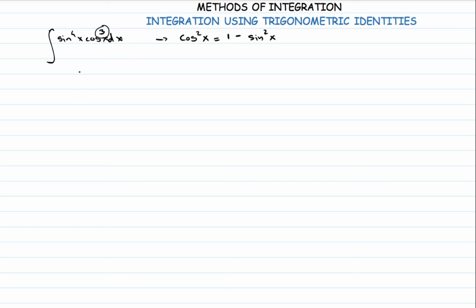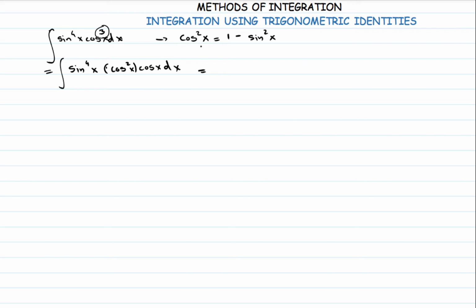So what we do is this: we have sine raised to 4 of x, and then cos cube, which means cos square of x into cos of x dx. Basically, we just expanded this so that we can have cos square of x evident in this function. If you multiply this again, we get cos cube.